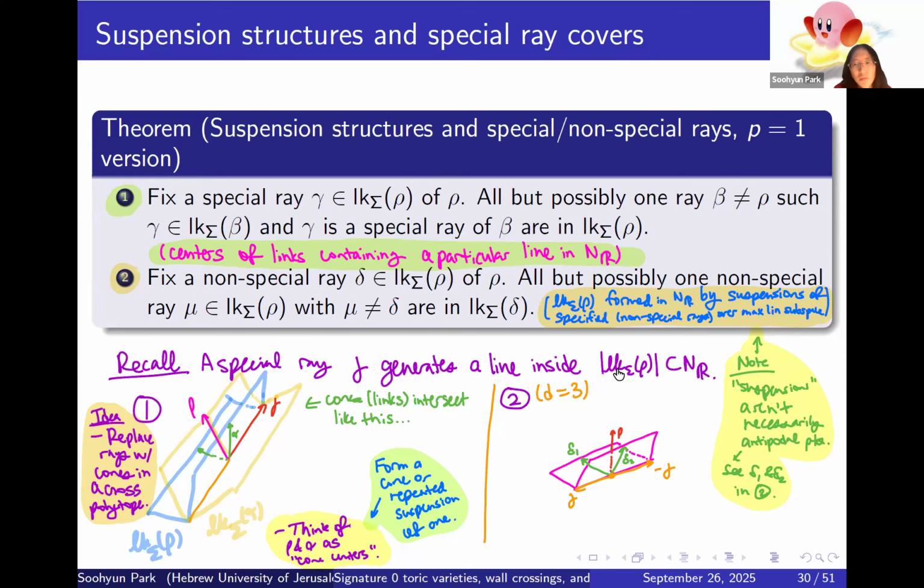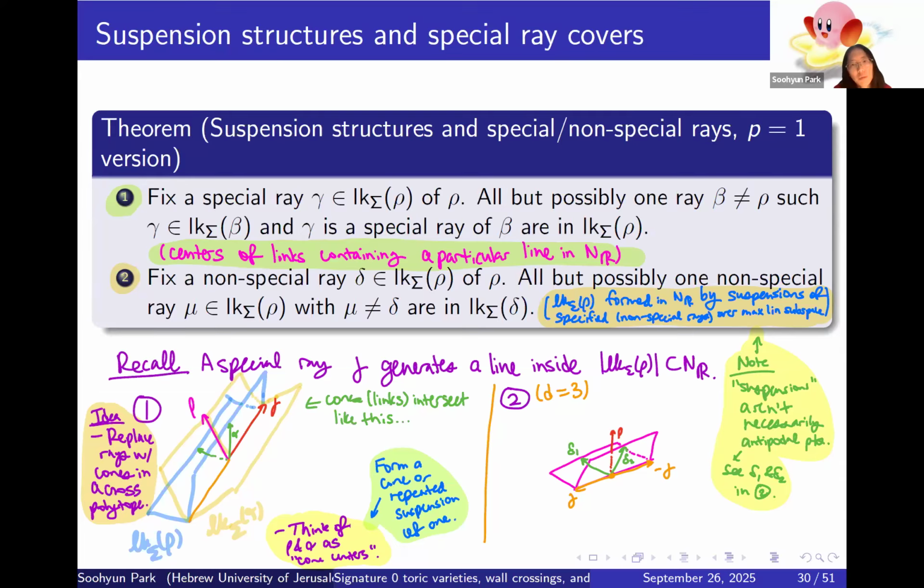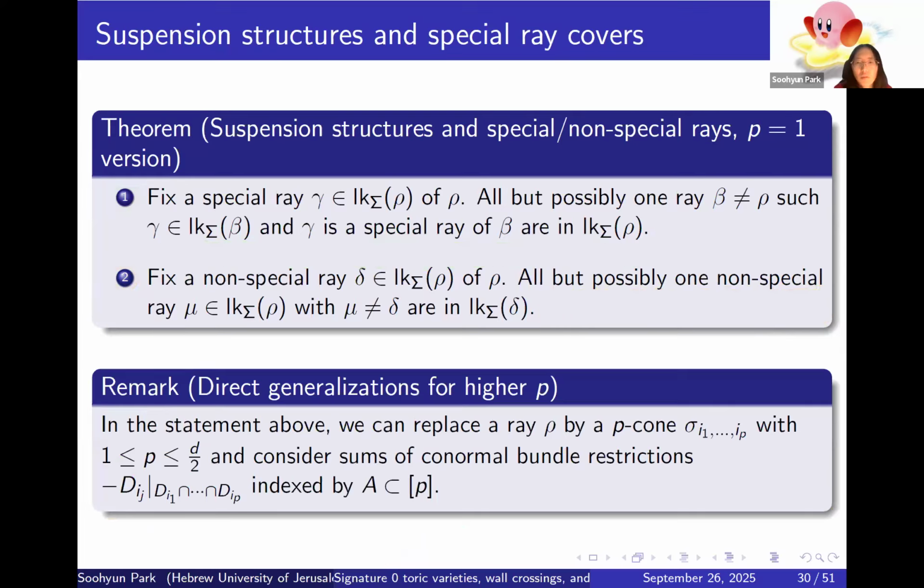Yeah, so this just gives you some idea of the local picture. And even if we say this for a single ray rho, you can say the same thing, replacing rho with a higher dimensional cone. In particular, going back to the span intersection stuff, we're going to intersect a smaller collection of walls, which means something bigger.